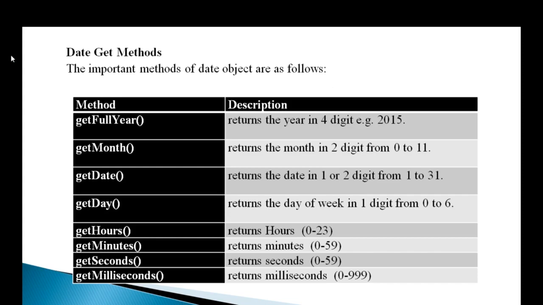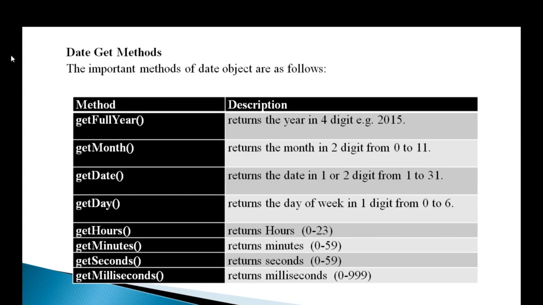Next one is the date get methods like getFullYear, getMonth, getDate, getDay, getHours, getMinutes, getSeconds, getMilliseconds. What do all these methods do? getFullYear returns the full four-digit value of the year, for example 2015, 2014, 2021, 2020. getMonth returns the month from 0 to 11, as we have 12 months.